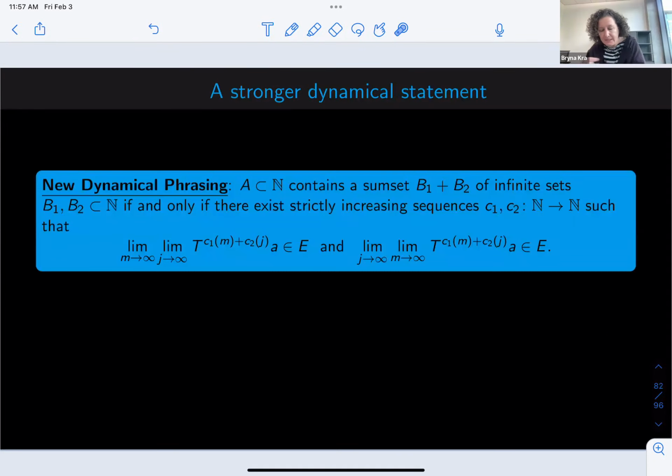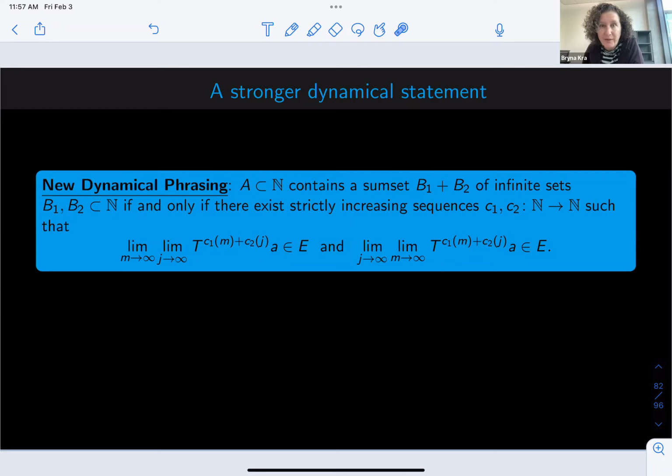It turns out what we really prove, and we don't know how to do higher sumsets, so I'll point out what's different for lower sumsets or higher, is actually a stronger statement than the one written here. When we get to k bigger than 2, higher sumsets, we don't know how to prove this one without proving the stronger one.